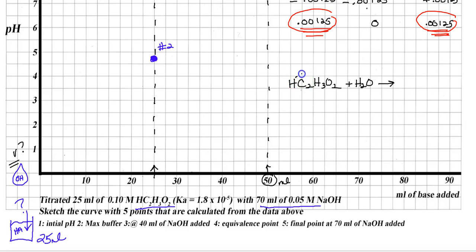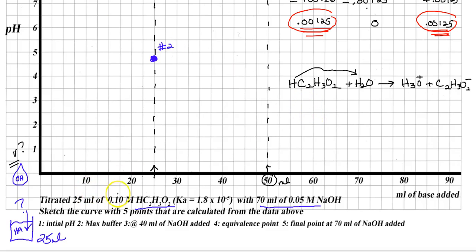It's a weak acid, so it's going to basically protonate water a little bit. Water becomes H3O+, which is synonymous with protons, and what's remaining, of course, is the conjugate base, C2H3O2 negative.